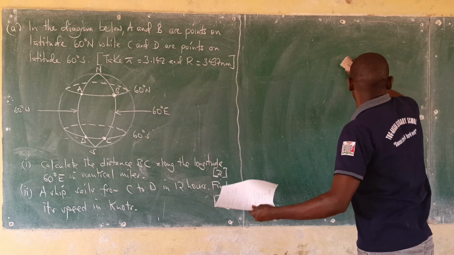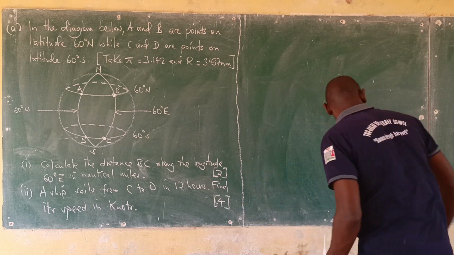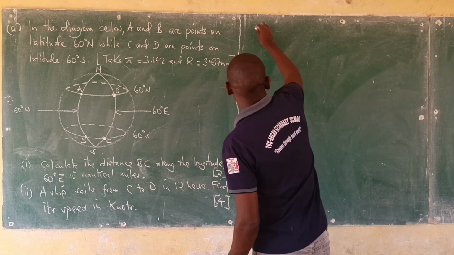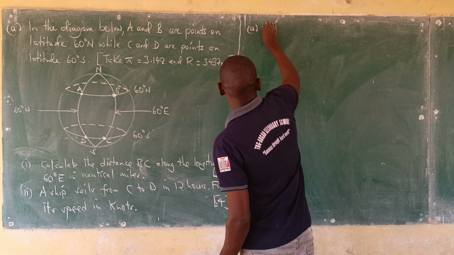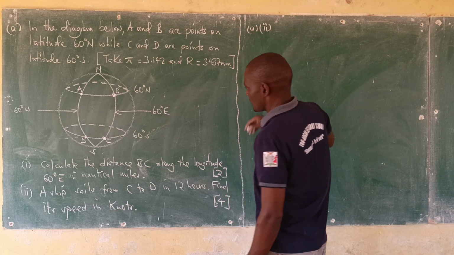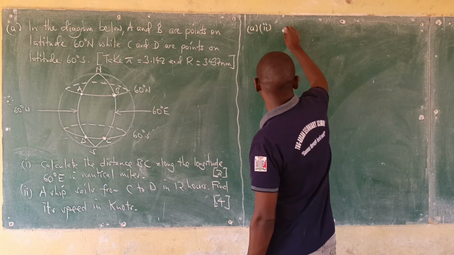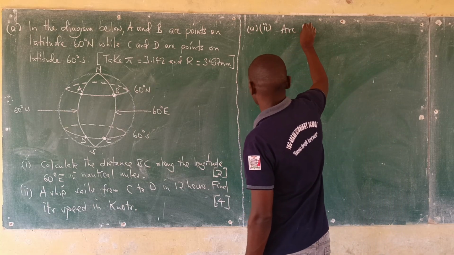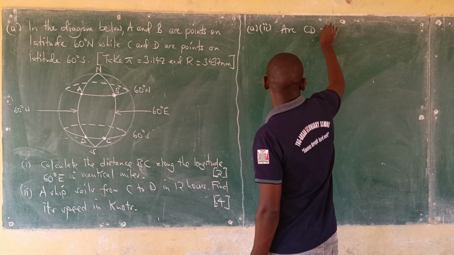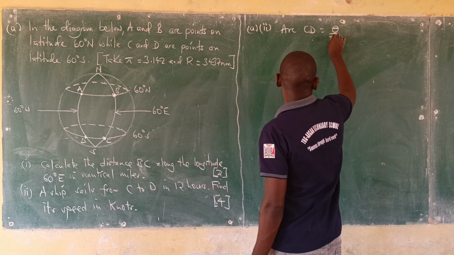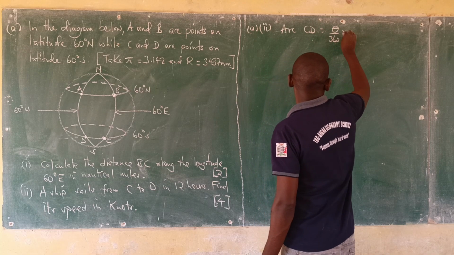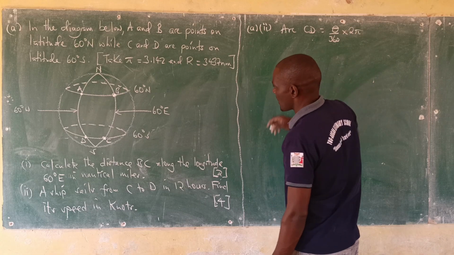So this is part A1, and then you have A2, a ship moving from C to D. So the formula is the same one. We'll talk about arc CD, theta over 360 times 2 pi r.